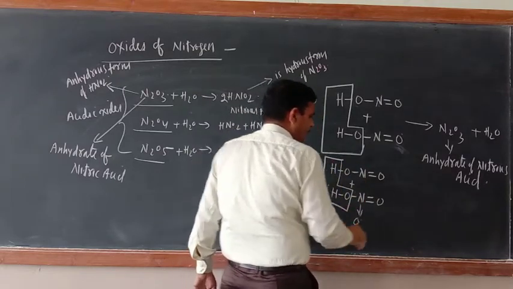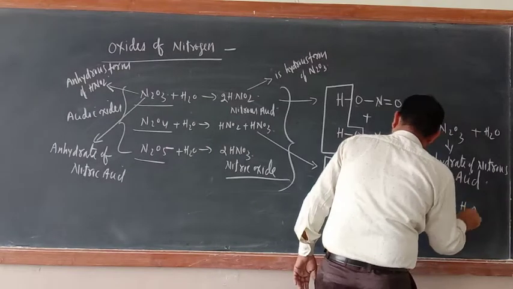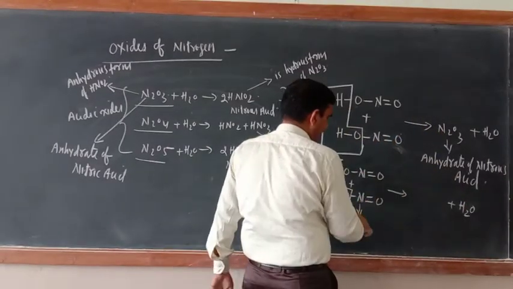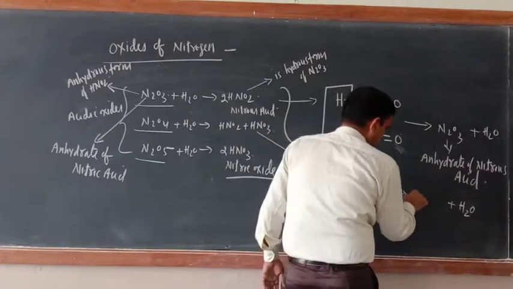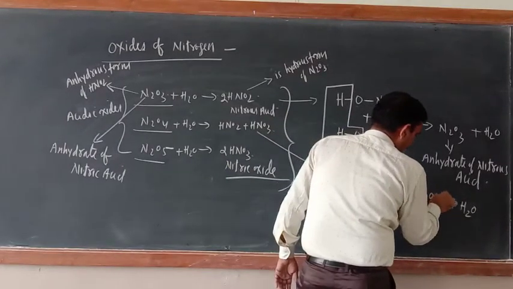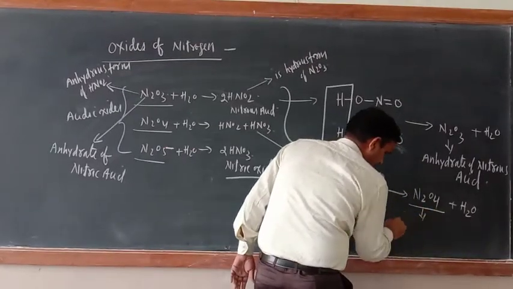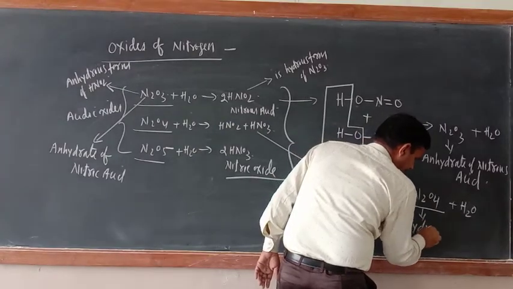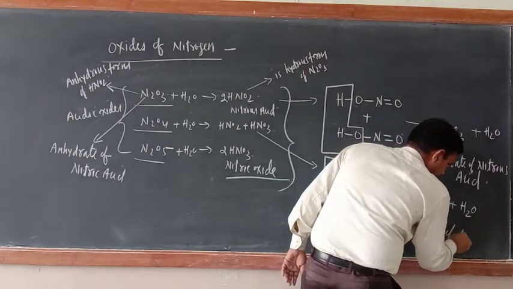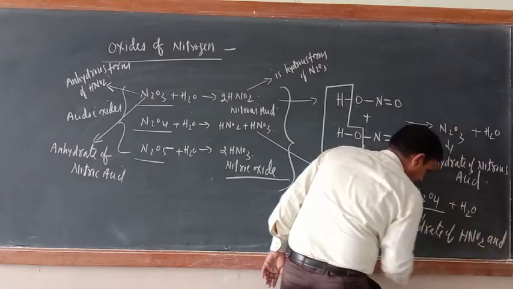Now H2O. What is here? Plus here write H2O. What is left here? N2O4. NNOOO. So here write N2O4. So N2O4 is known as anhydrate of HNO2 and HNO3.